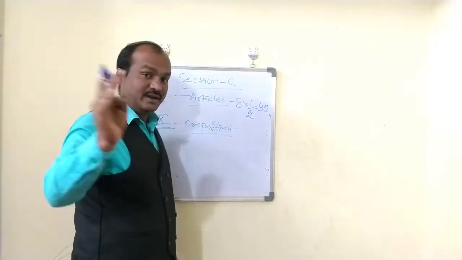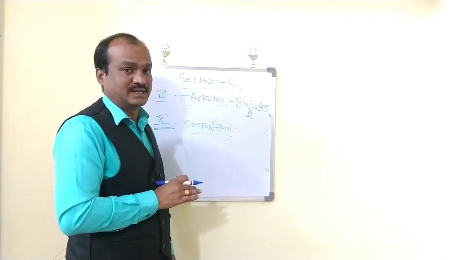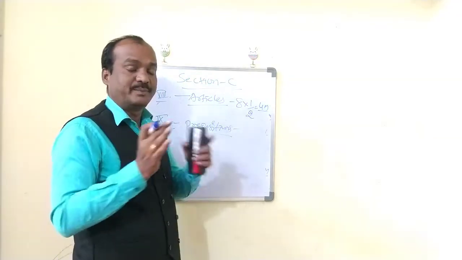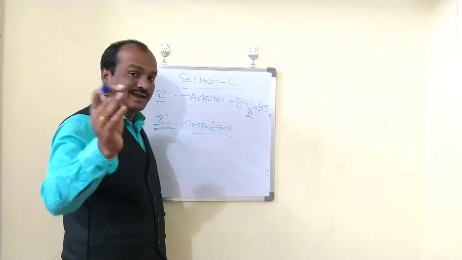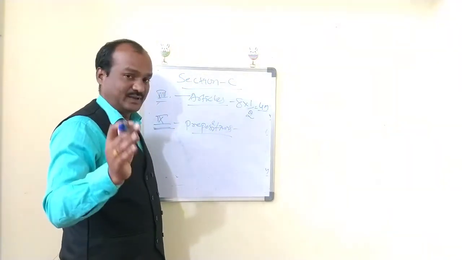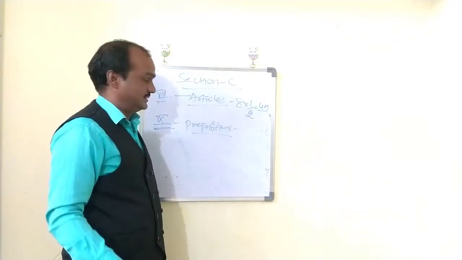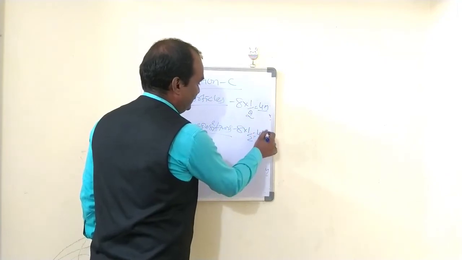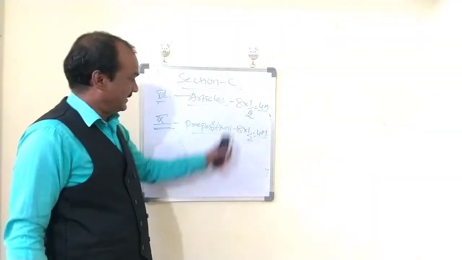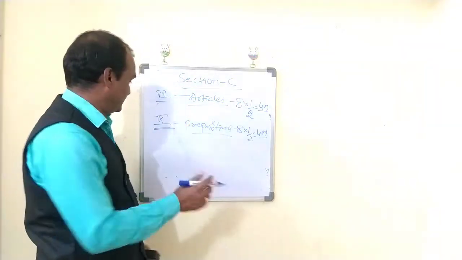Again here, 10 blanks. The question will be asked like this: fill in the blanks with suitable prepositions. 10 blanks will be given, and out of which we need to write any 8 blanks. Then 8 into half, we will get 4 marks over here again. 8 into half 4 for articles, 8 into half 4 for prepositions, right?